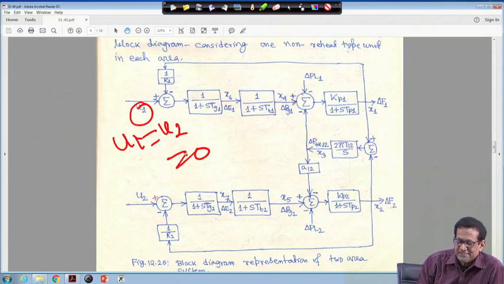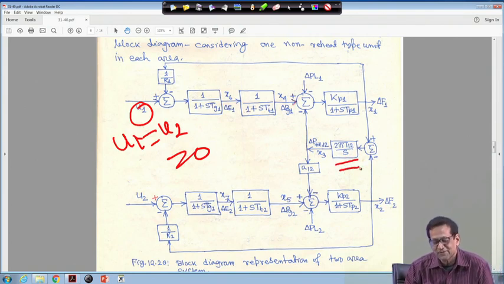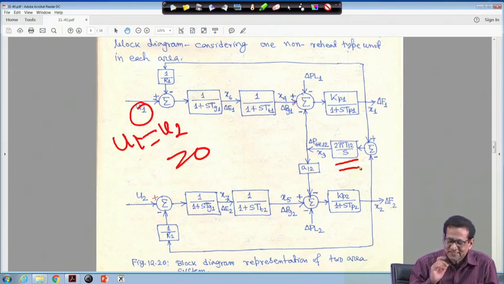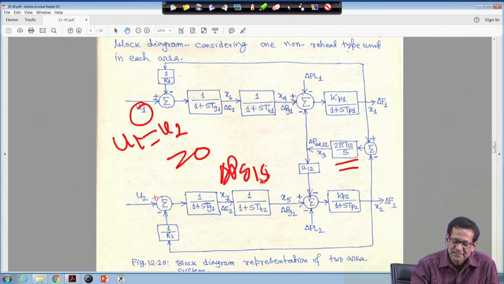And second thing is, I told you one technique regarding putting t tends to infinity, s tends to 0, but here you cannot make it, right. But in general your steady state value, delta Pg1 SS, is equal to minus delta F1 steady state divided by R1.